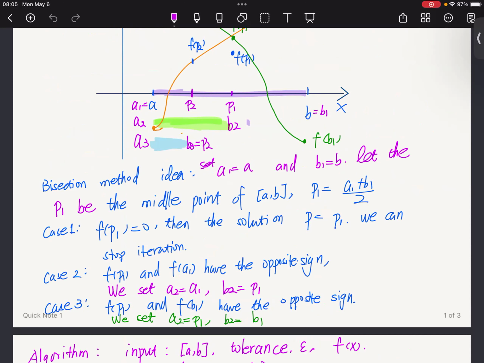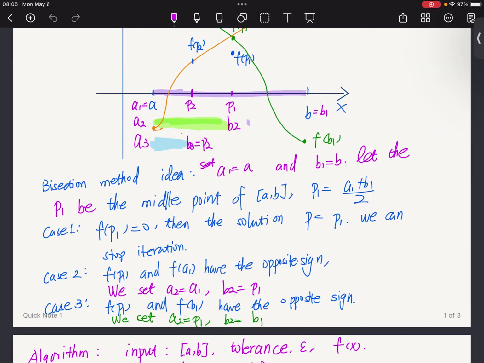For the other two cases, we have either the f value evaluated at P1 having the opposite sign from the f value evaluated at the left endpoint, then we choose A and P1 to be the new interval.